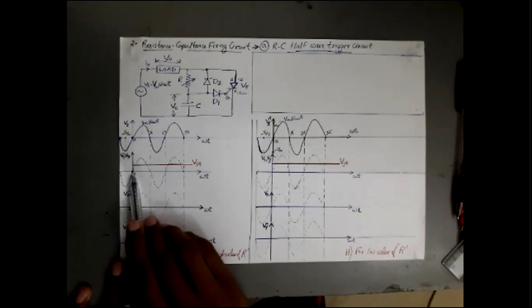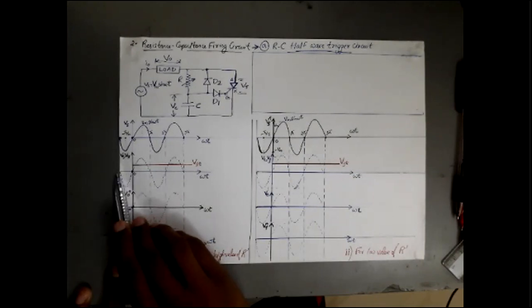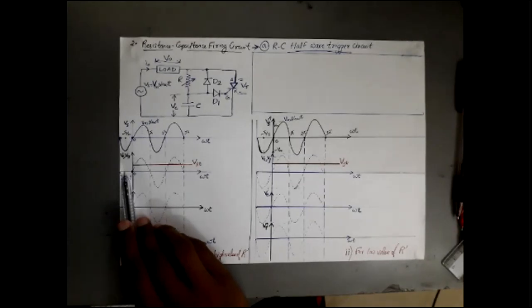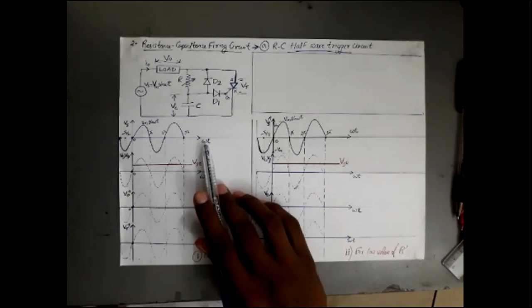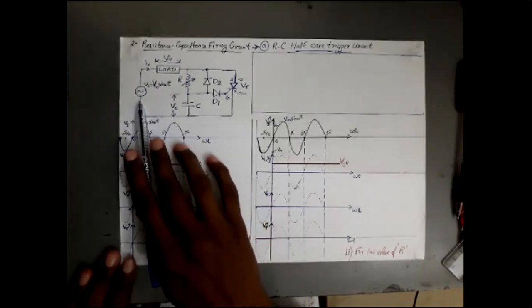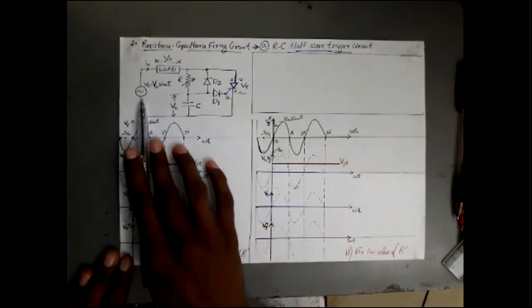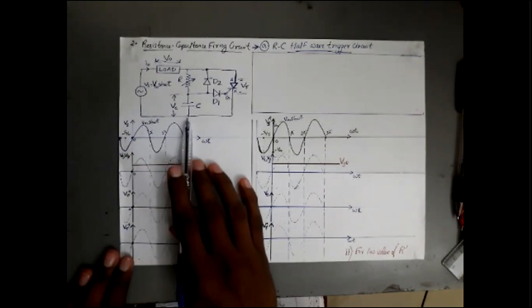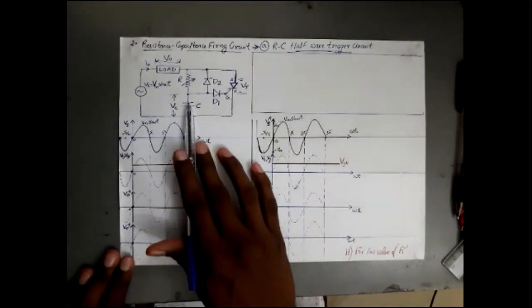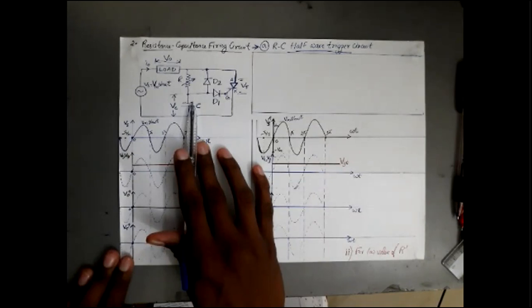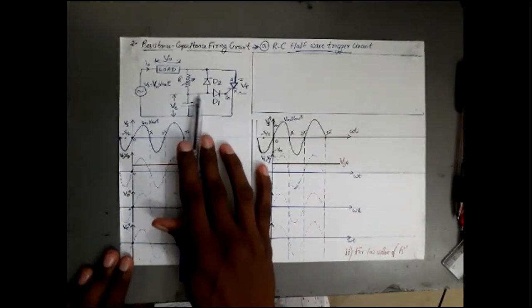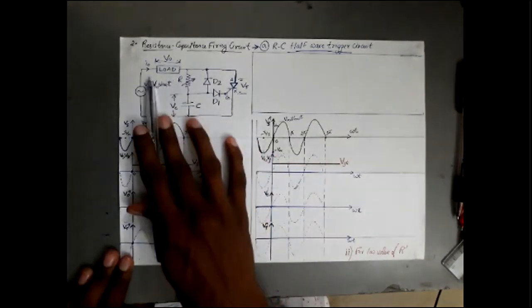Before omega t equals 0, a negative half cycle was occurring across my circuit. As I said earlier, during the negative half cycle, my capacitor is charged through D2, with the lower capacitor plate positive and the upper capacitor plate negative, completing the circuit through D2.